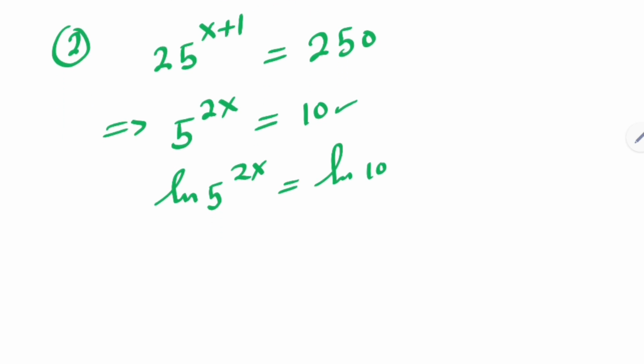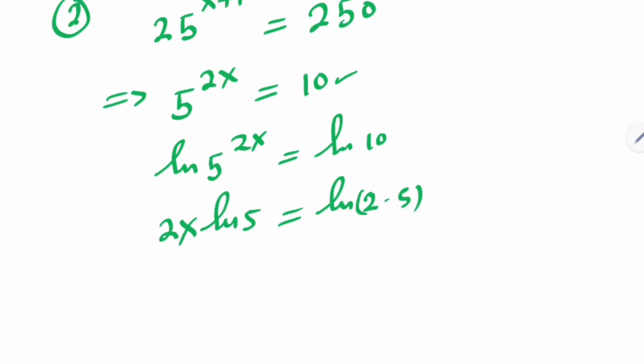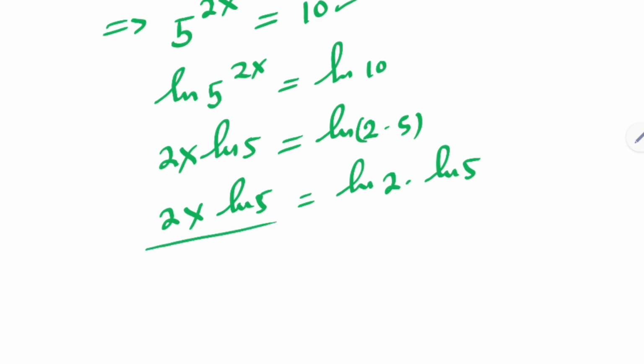Then this is 2x ln of 5 is equal to ln of 10. Ln of 10 can be written as ln of 2 multiplied by 5. And 2x ln of 5 is equal to ln of 2 plus ln of 5. Let's divide the whole of this equation by ln of 5.